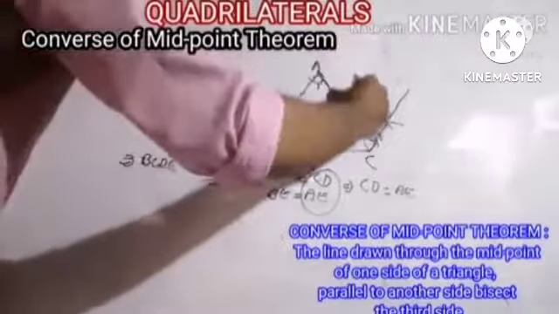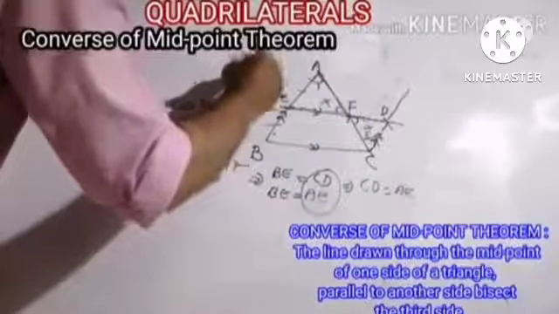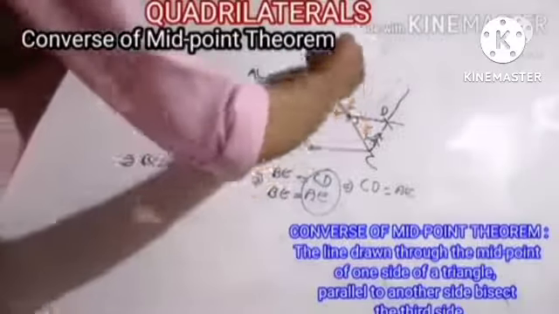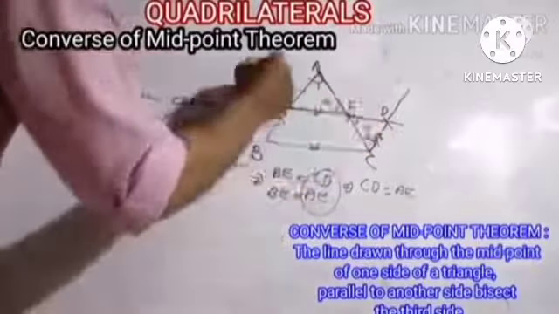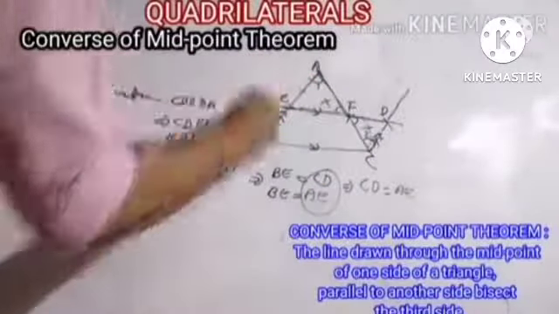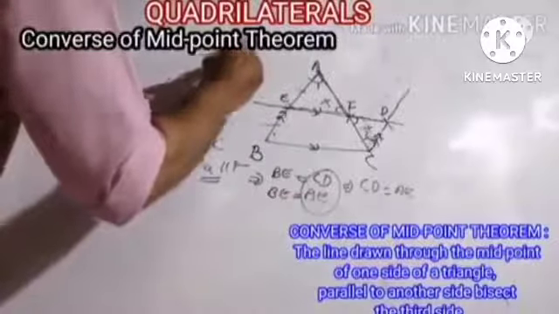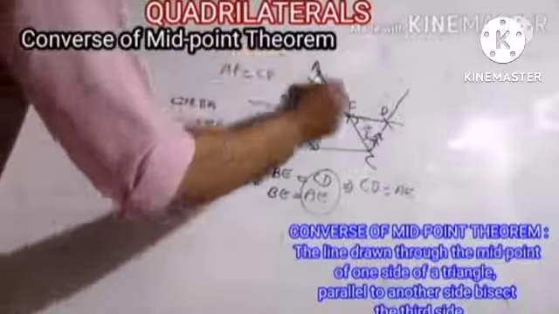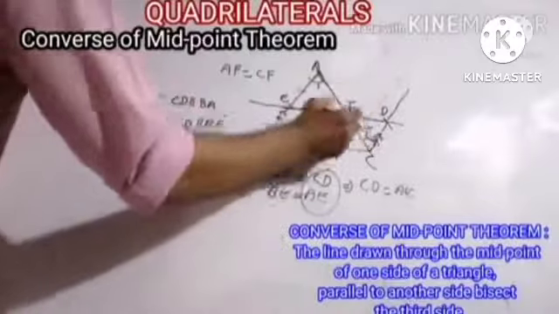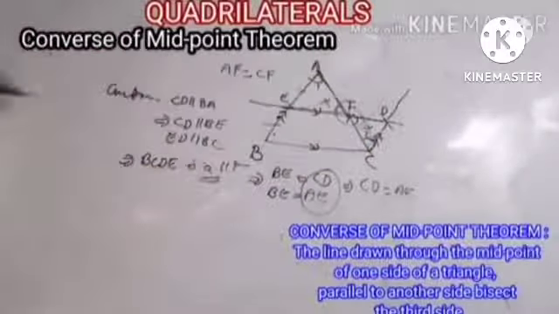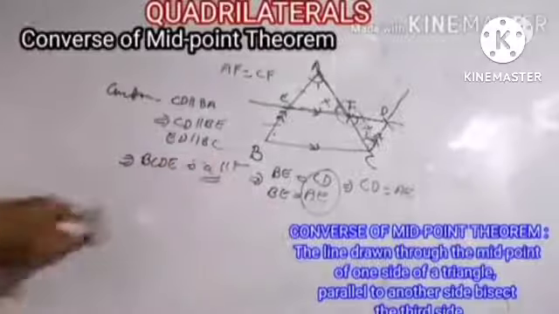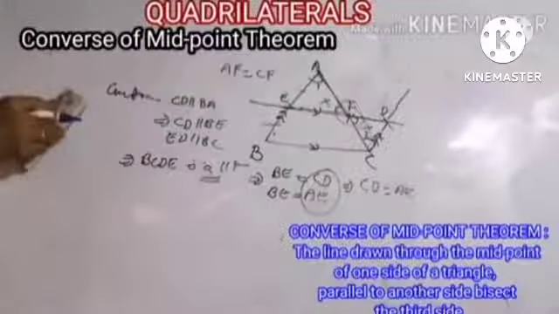Then we get AF equal to CF, so F is the midpoint of AC. So that is the converse of the midpoint theorem. No need of writing the proof; we study that and write both theorems.